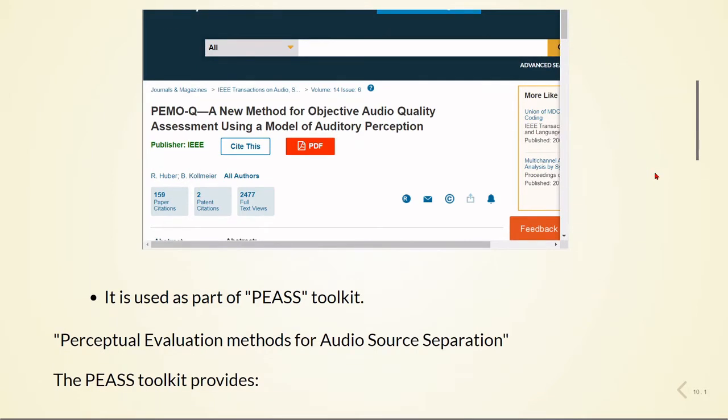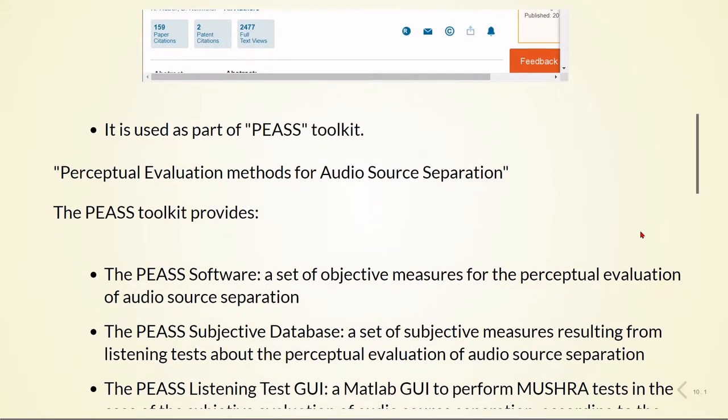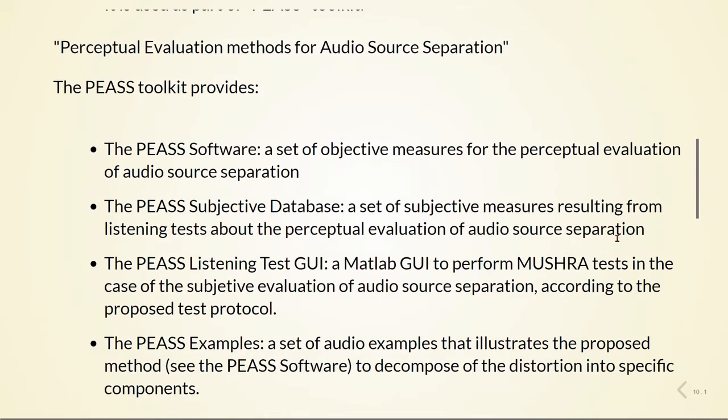Those models are also used as part of the PEASS toolkit, the Perceptual Evaluation methods for Audio Source Separation. This is a toolkit that provides software, a database, listening tests, a GUI for MATLAB, and a set of examples.